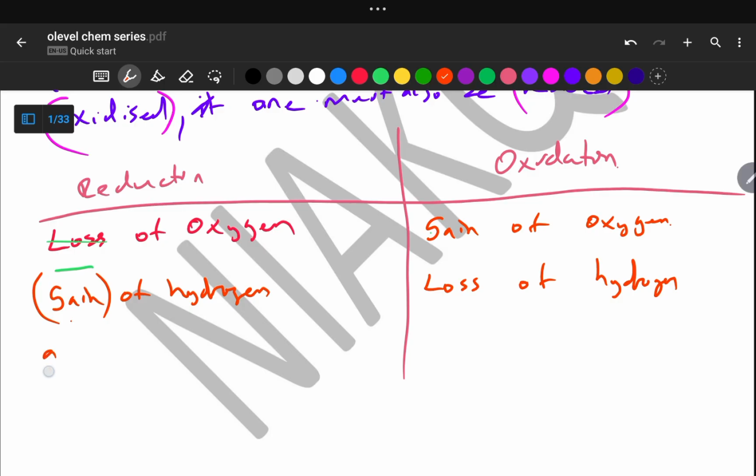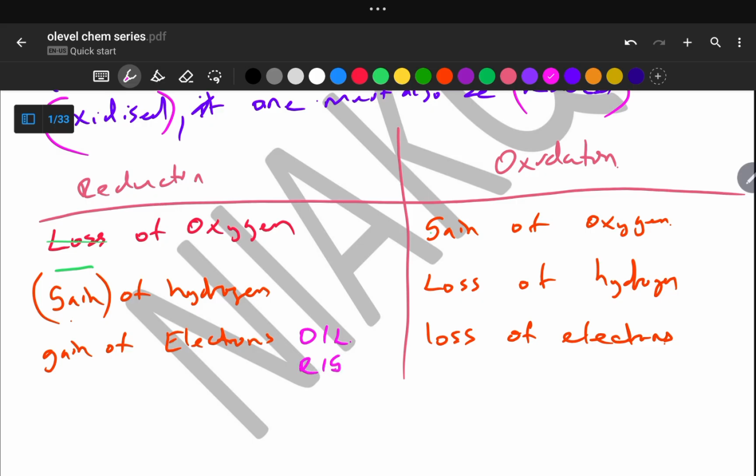And then we can also define it in terms of electrons. So reduction is the gain of electrons. It simply means oxidation is the loss of electrons. Are we together? To explain the concept of electrons, we can use this mnemonic, which says OIL RIG.